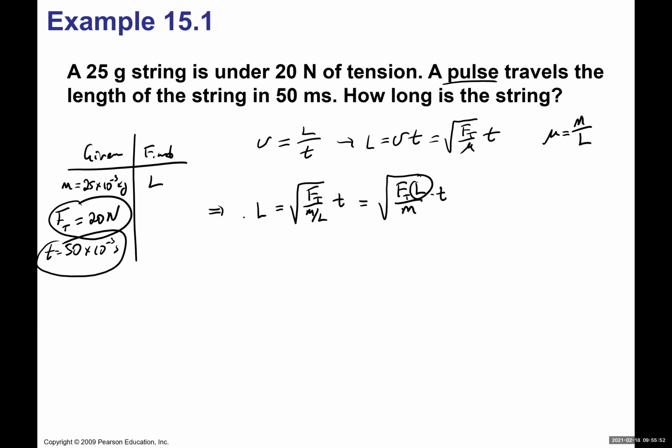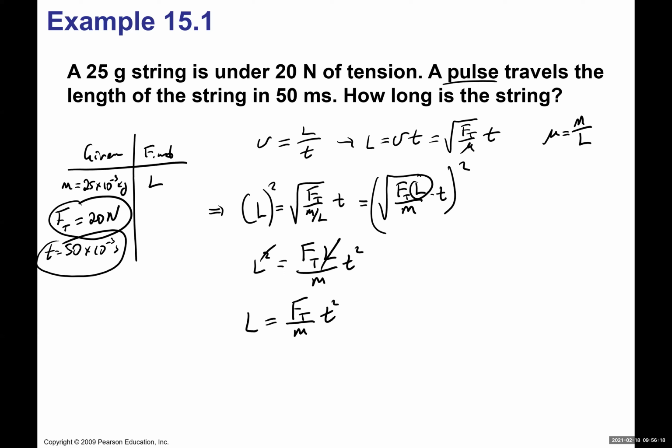All right, so what we do is square both sides. Then what I have is length squared equals tension force times length over mass, times t squared. That means this is what we get. And then technically I can get rid of one length. So my equation is L equals tension force over mass times time squared.